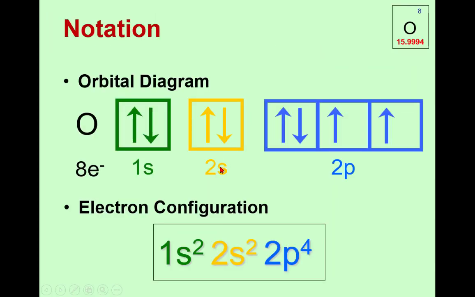Now, there is some other example also. For example, in the case of oxygen, with 8 electrons, we have 1s2, 2s2, 2p4, generalized as a notation, 2 plus 2 plus 4 makes 8.